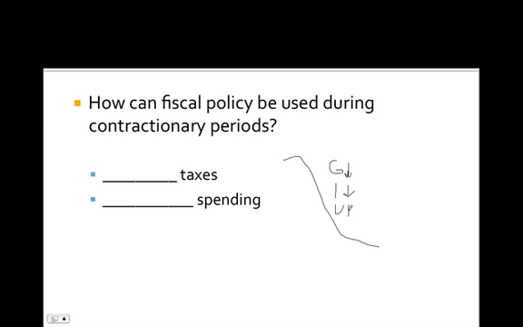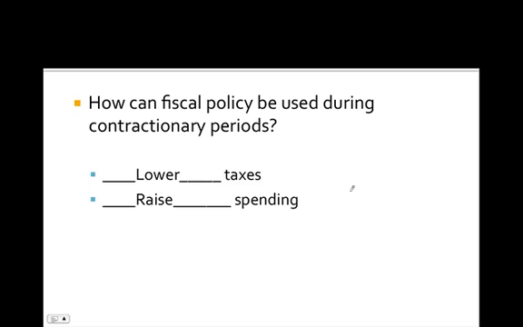This is not a good economy. And the big argument, there's a theorist called Keynes who said it's very important for us to act, particularly the fiscal part of the government, the President, Congress, to act during this time period. So fill in those blanks for what you think the government should do if the economy is in contraction.